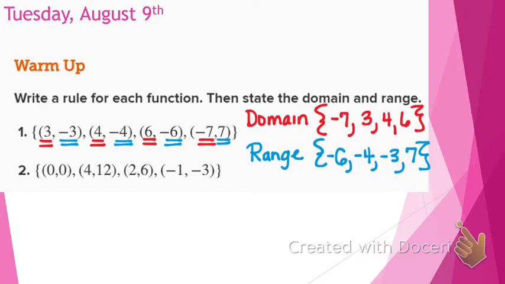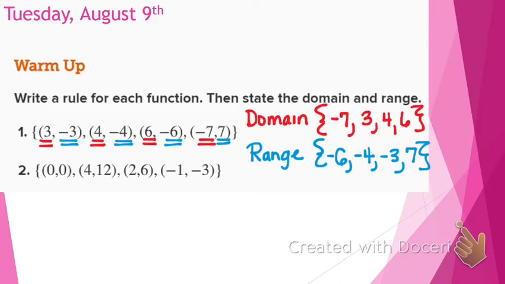When we write our function rule, we're looking at what is happening to the y value. From x, I went from 3 to -3, then from 4 to -4, 6 to -6, -7 to +7. So what number am I multiplying my x value by to get the y value?